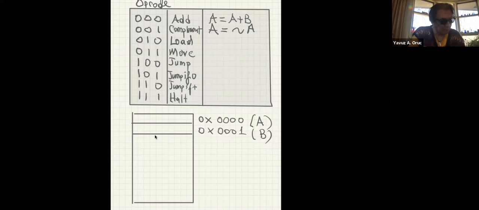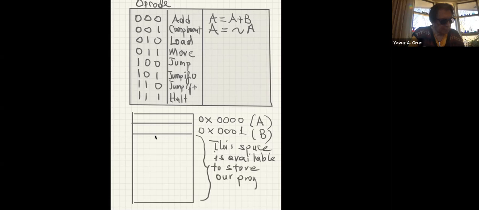By the way, the rest of this space for the time being is available to store our programs and operands or data.